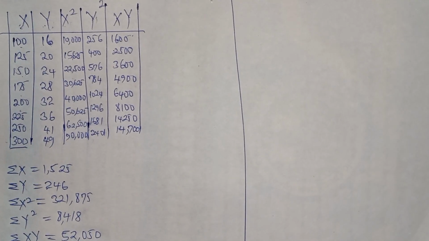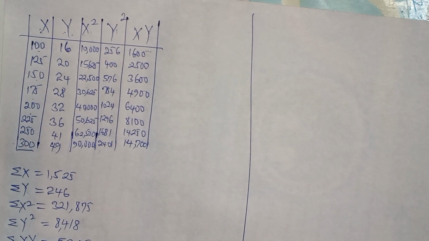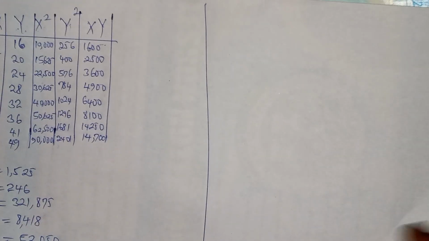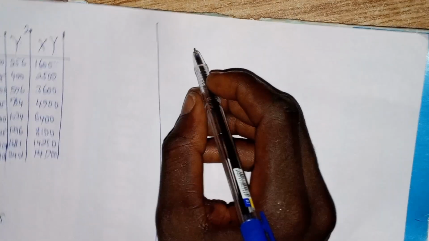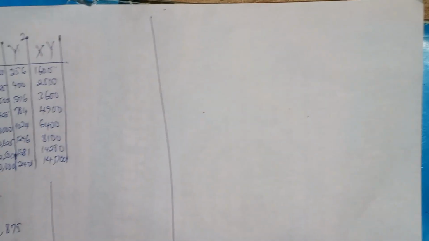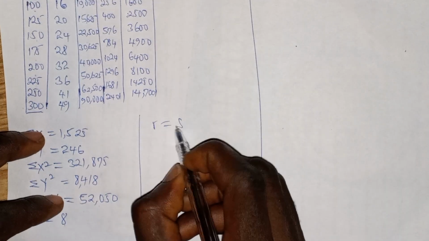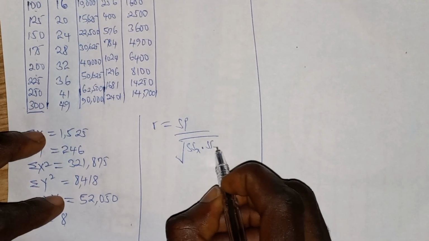Now, next let's calculate our R. R is equal to SP over the square root of SSX times SSY, right?